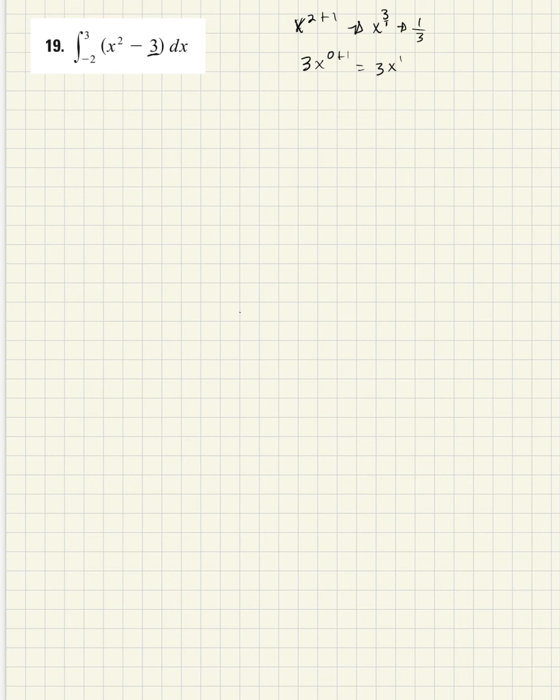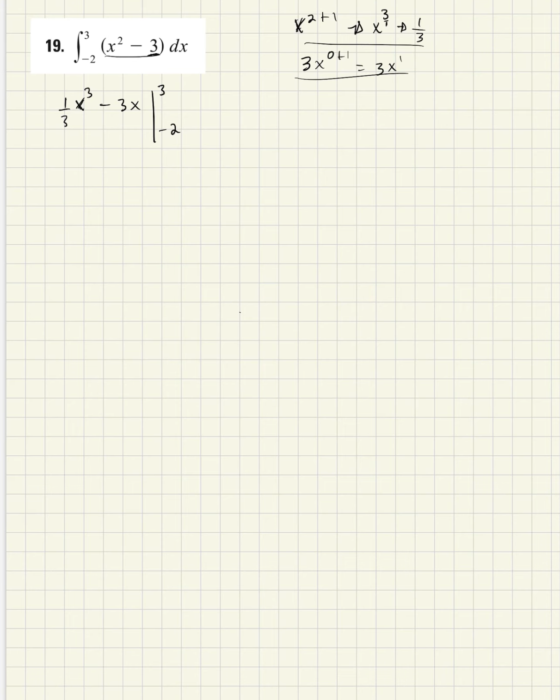Okay, so for the integral, just like I mentioned over here, the way that this will look is the integral from -2 to 3 of x squared minus 3 dx, it will be x cubed, and the reciprocal of this 3 is 1 over 3, minus 3x, and we're going to evaluate this from -2 to 3.